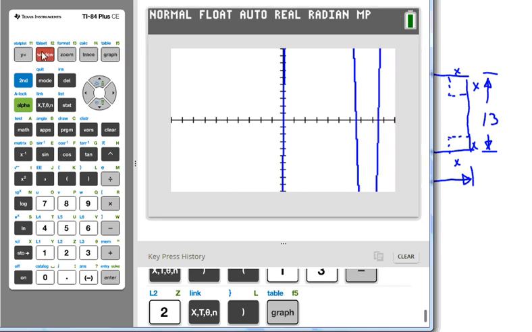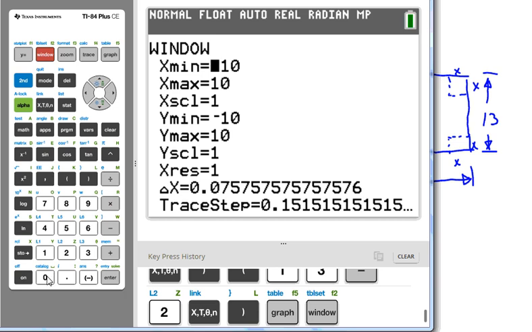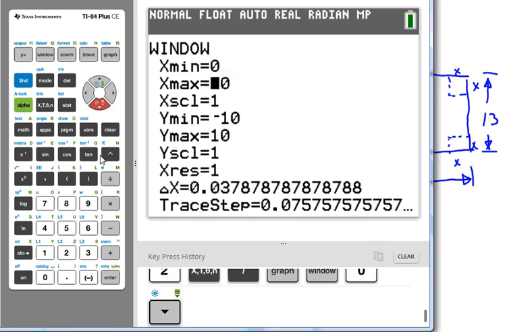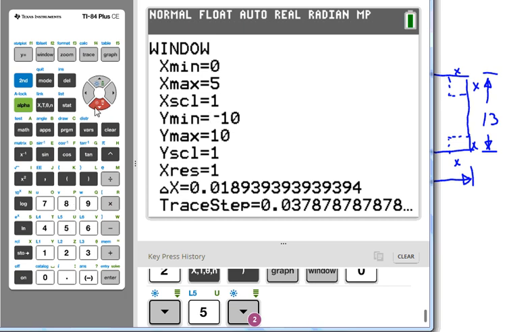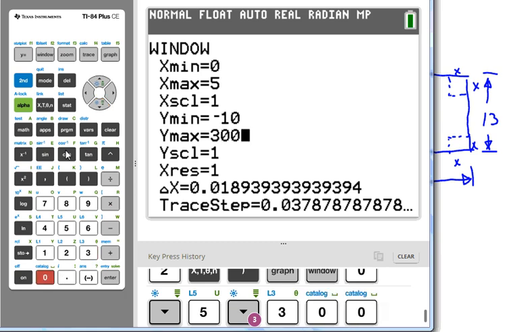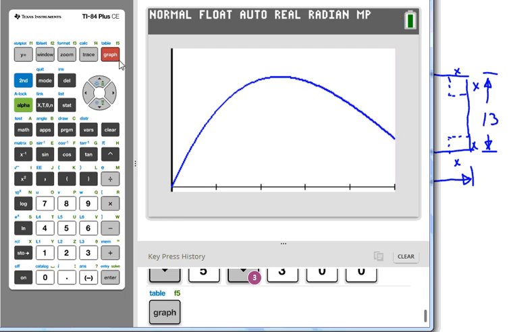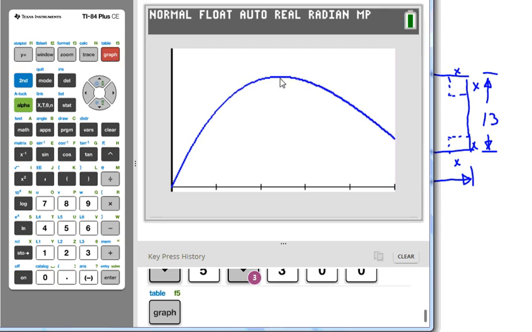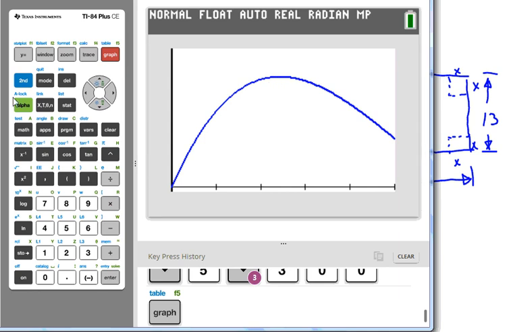And I'm just going to go to the window and make it what a window could be for this. And I know I'm working from understanding, having worked it in the past. So we go to graph, and basically we're looking for the x value of this maximum here.